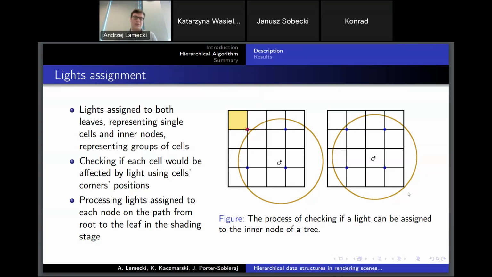In the situation on the right picture, we would assign this light to a node representing this group of cells. During the shading process, we then read information from all lists on the path from the root to the leaf representing the cell the shaded pixel is in.